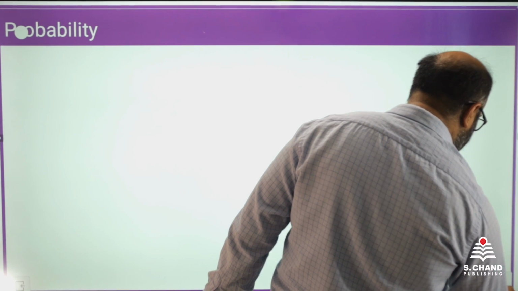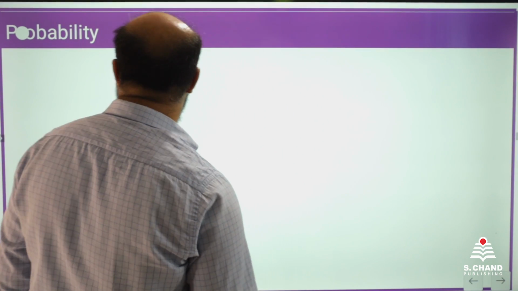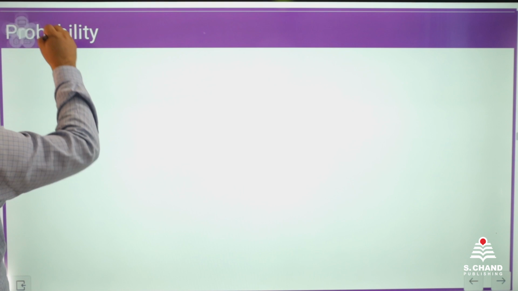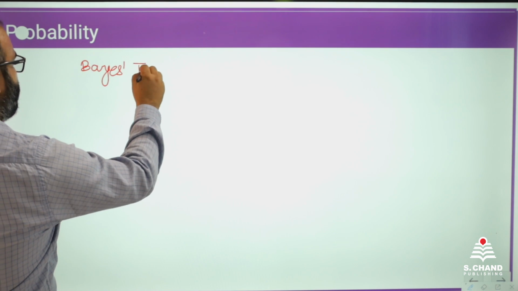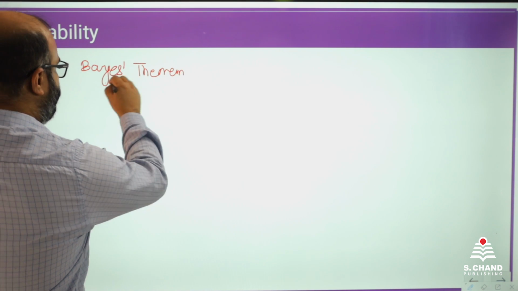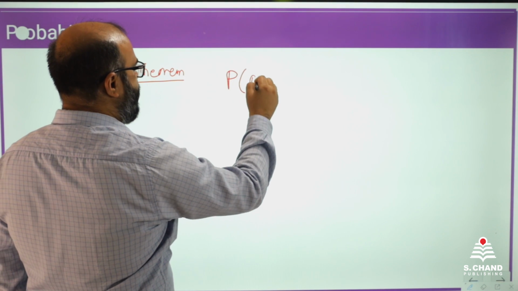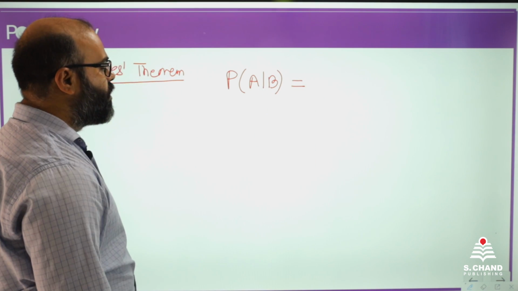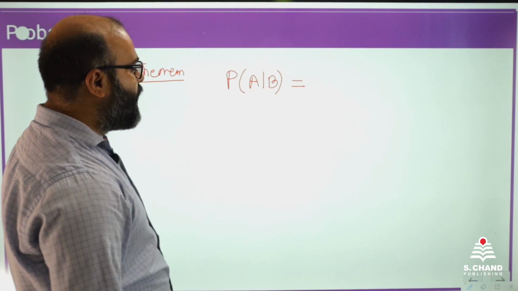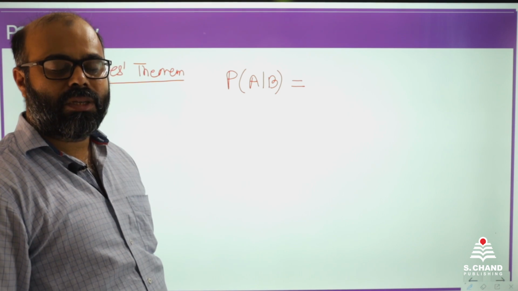After that we have something called Bayes theorem. Bayes theorem says that if we have an event A and B has occurred, you have to find the probability of A. Now here you can't find it by the formula P of A intersection B by P of B directly.